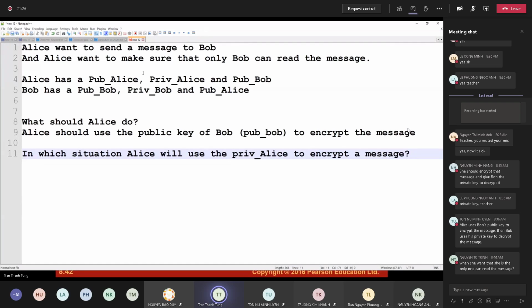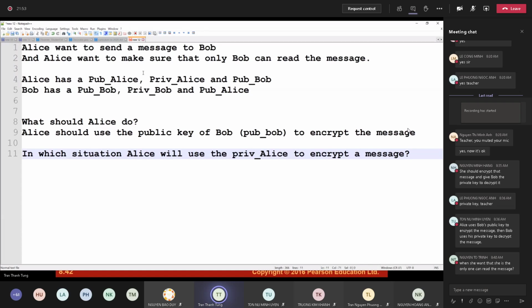When we use the private key of Alice to encrypt the message, how can we decrypt it? We must use the public key of Alice to decrypt the message. Because the name public key means you can share it with everyone. Let's say in this case, Bob has that key.